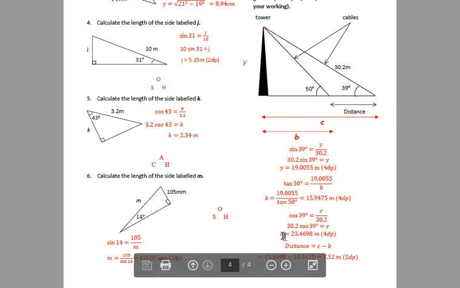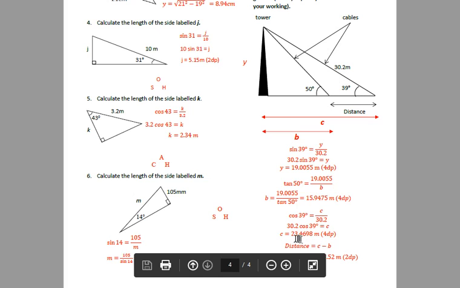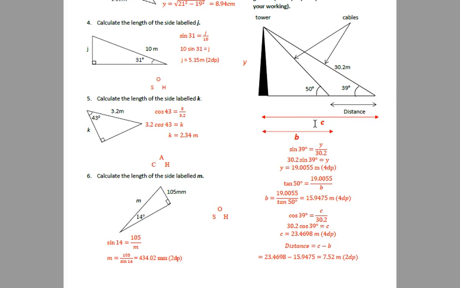Another way of doing it is to use cos here. Looking at the larger triangle, we've got hypotenuse 30.2. We've also got an angle in there, 39 degrees, and we're trying to figure out our adjacent, so we use CAH, A and H. Cos of the angle equals A over H. I've purposely not used A as any of these letters.